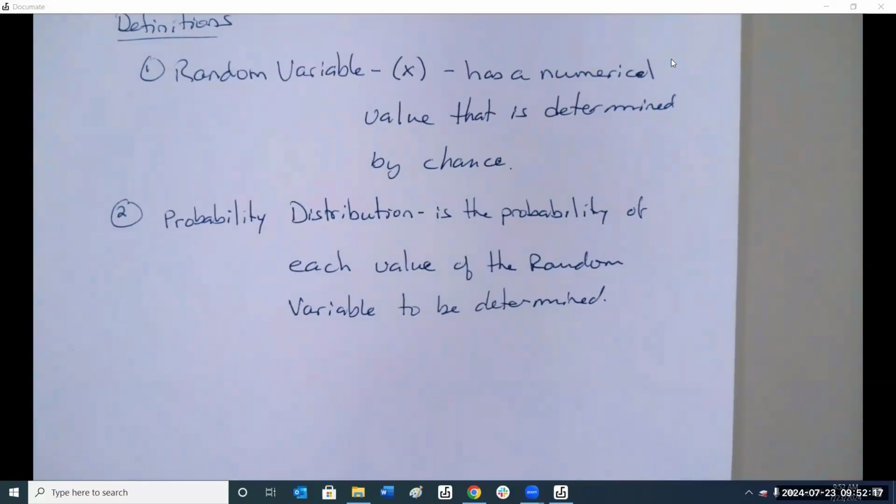So the probability distribution is the chance of each of these random variables to be selected or calculated.